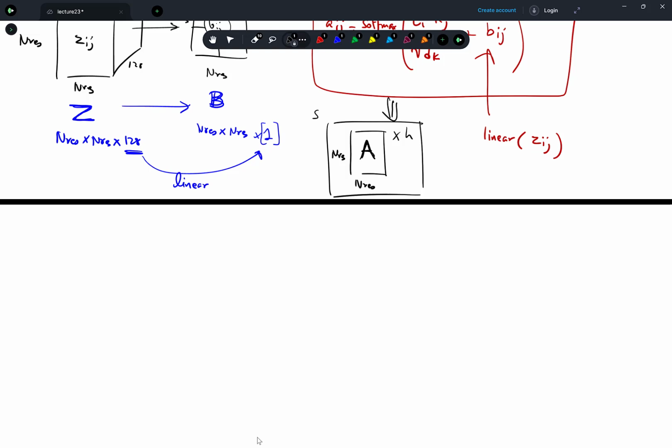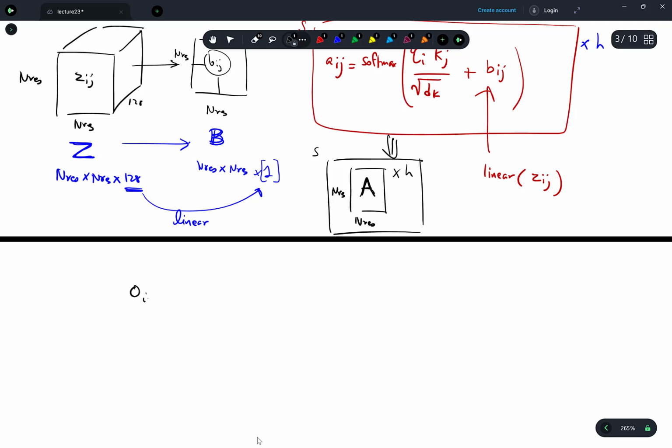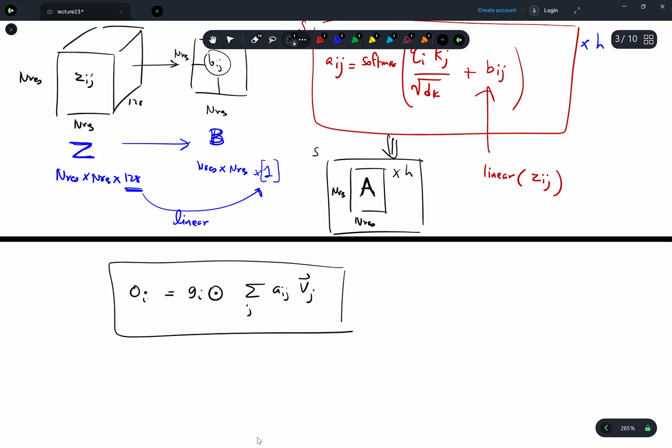The output for, let's say, O I, again for a given head and a given sequence, but right now just playing along with a single head and a single fixed sequence S. This will be just G I times the sum over all J of attention Aij times value J. So this equation is the A times V part, and this equation is the G element-wise with that. So G acts like a gate, okay? This is the element-wise operation.